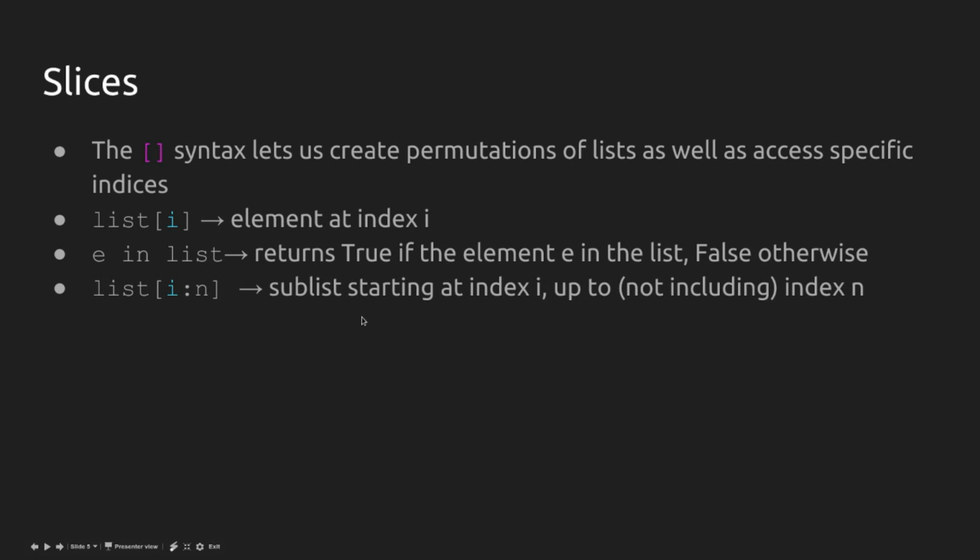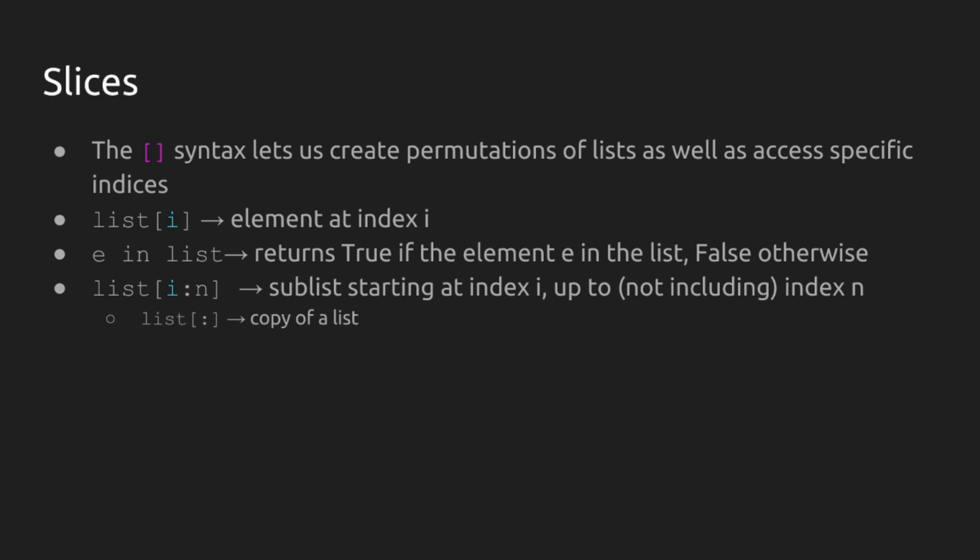And here come our slicing methods. If we say list[i:n], it'll produce a sublist that starts at index i up to but not including index n. So if I started list[0:4], it'll give me the first 4 elements, but not the 5th, which would be index 4.